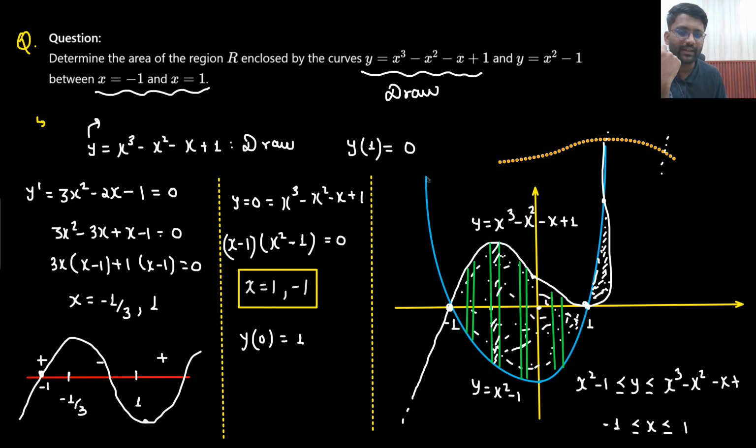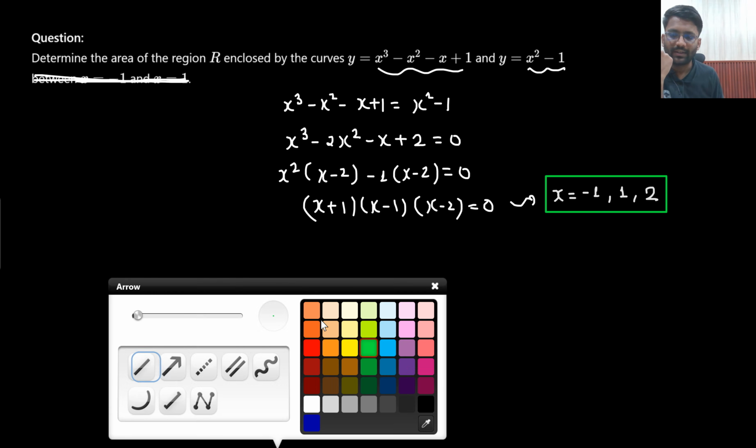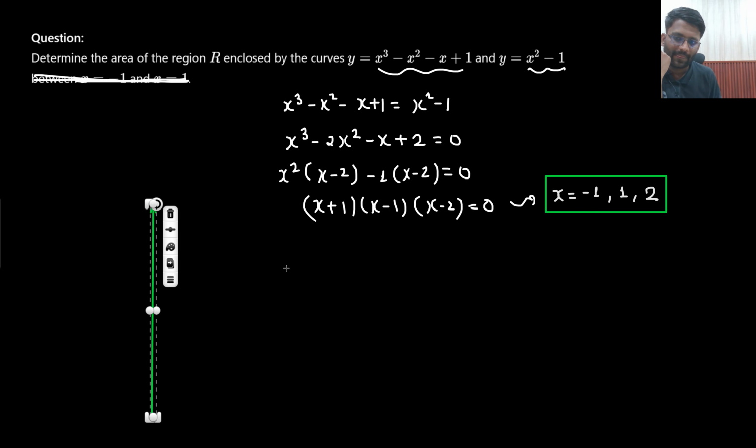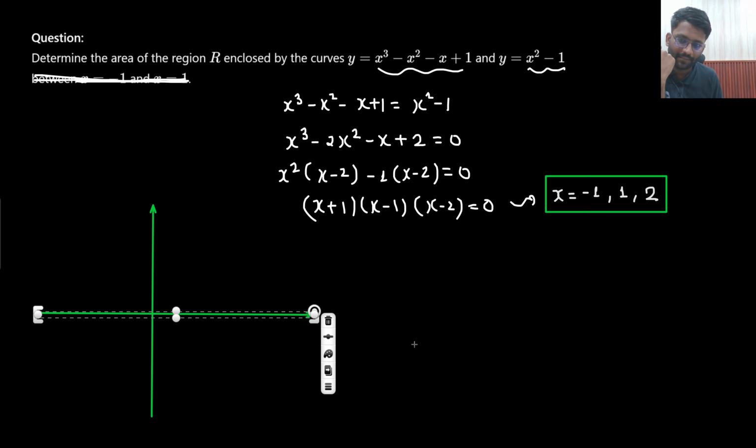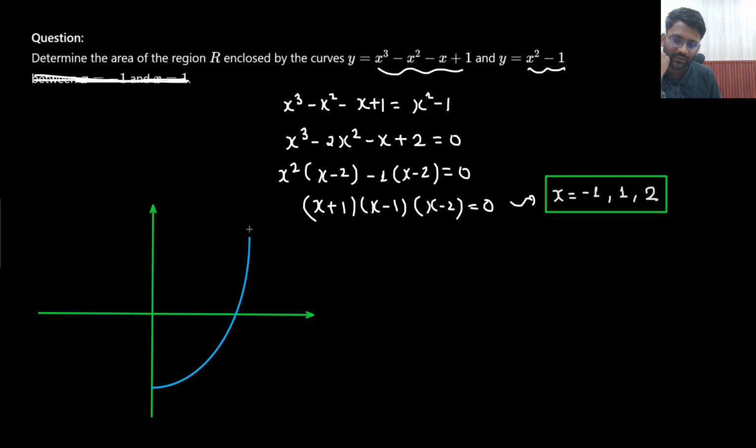So what I would have done is that I would simply copy this graph, or let's make the graph again. Why do we need to copy? Let's make the graph again. First I am making the graph of x square minus 1.